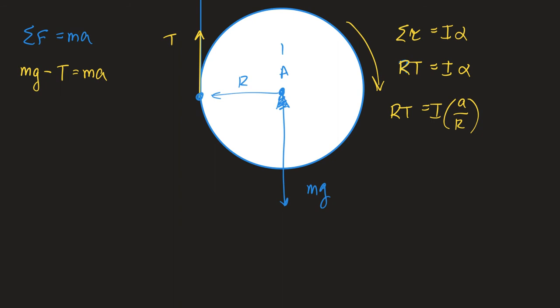I'm thinking disc. Looked like a disc in the picture I provided for you on the homework. So I'm thinking disc. Algebra. There we go. Bye-bye, all of you R's. And that will leave me with T equals 1/2 MA.